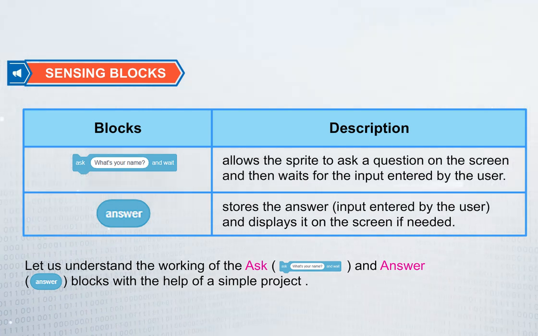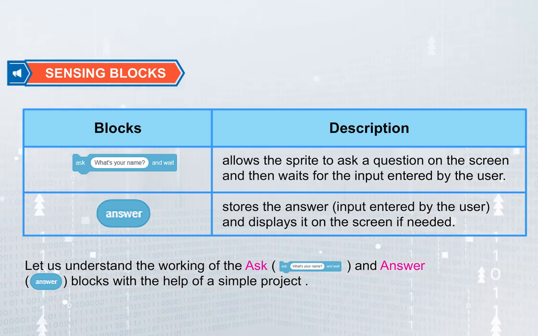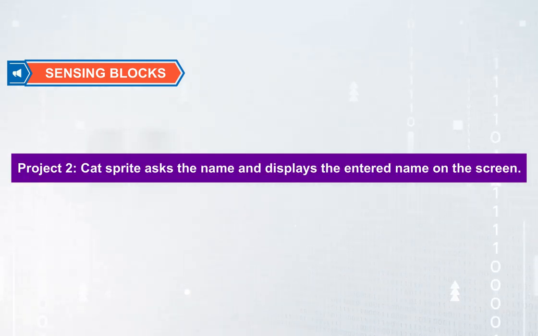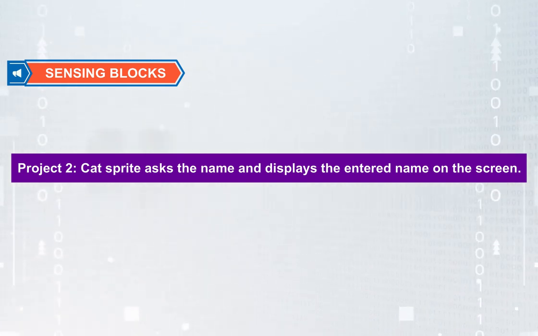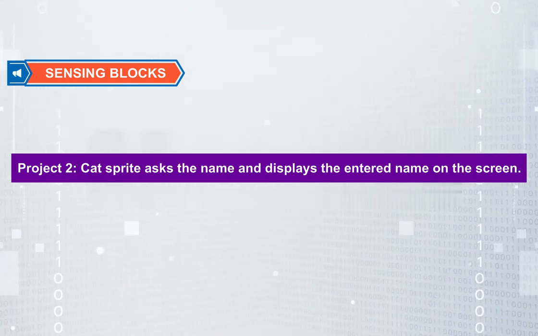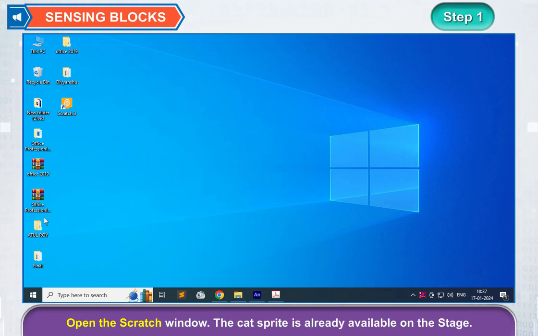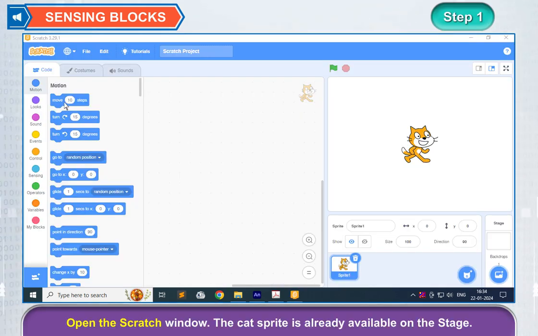Let us understand the working of the ask and answer blocks with the help of a simple project. Project 2. Cat sprite asks the name and displays the entered name on the screen. Step 1. Open the Scratch window. The cat sprite is already available on the stage.